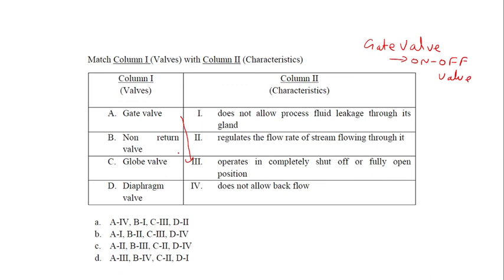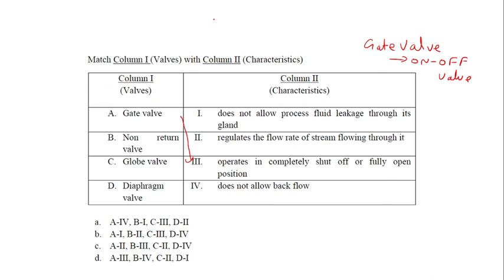Next one is non-return valve. Non-return valve is also known as check valve. It allows the flow of fluid in only one direction, so it does not allow flow in other directions.